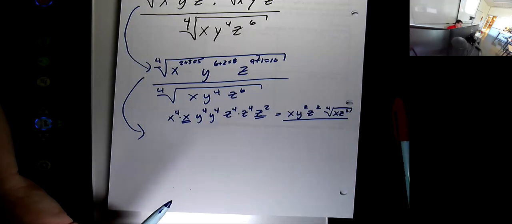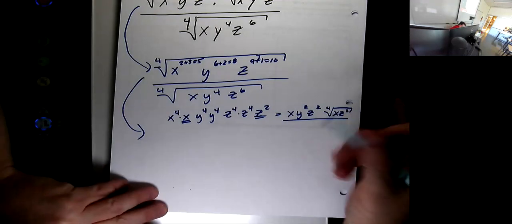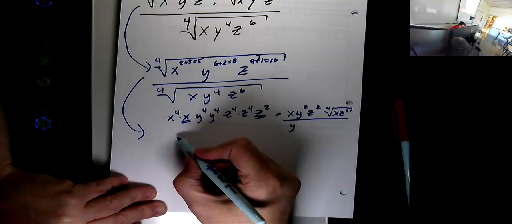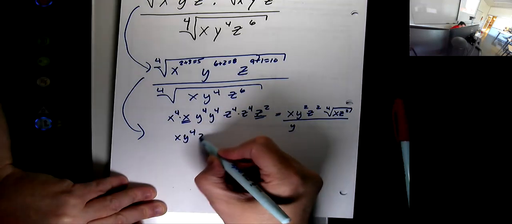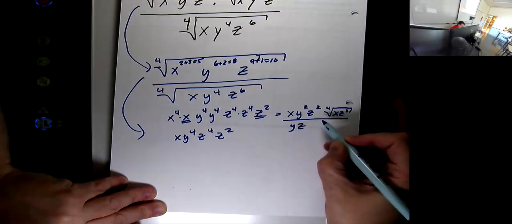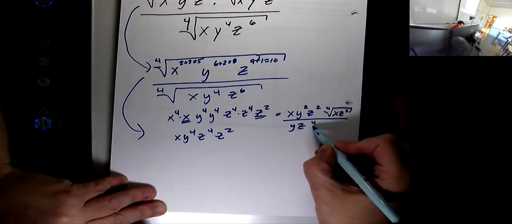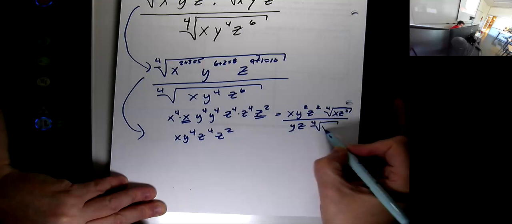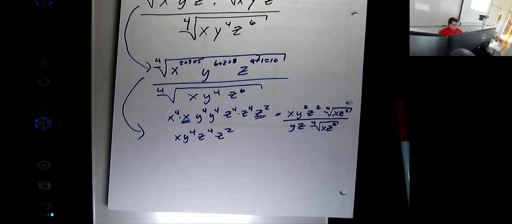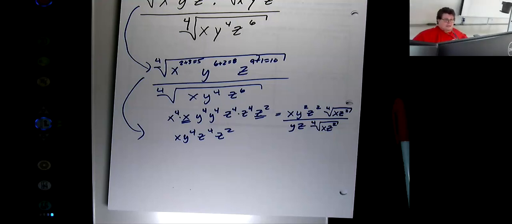Okay, well, a y can come out, and a z can come out, and what am I left with on the inside? x z squared. Okay, that's a good step. Now what?